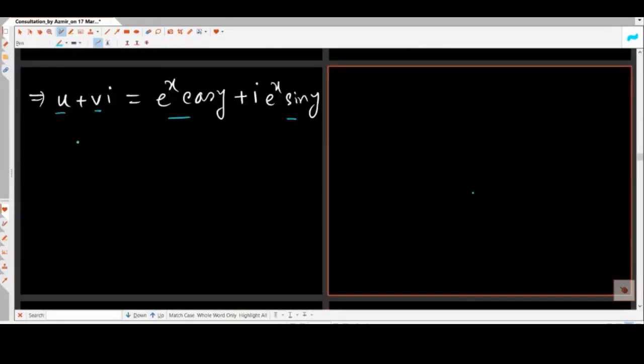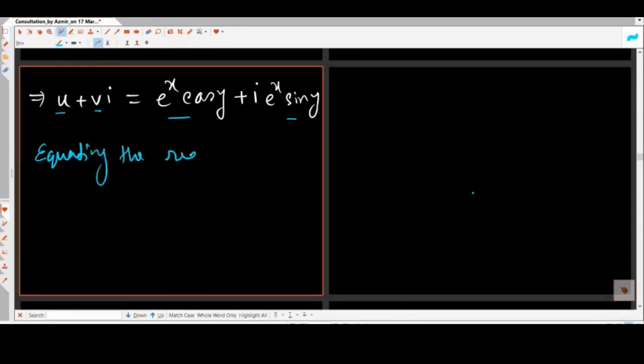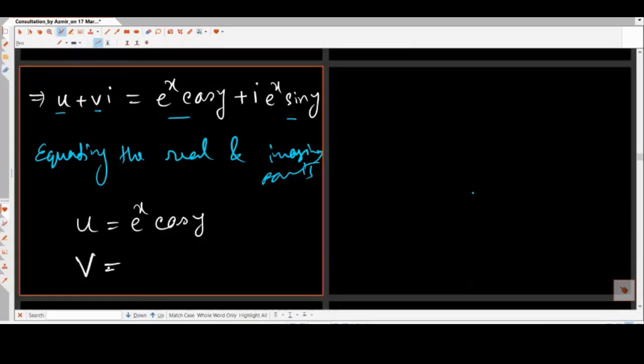So let's equate the real and imaginary parts. We have u equals e to the x cosine y, v equals e to the x sine y.